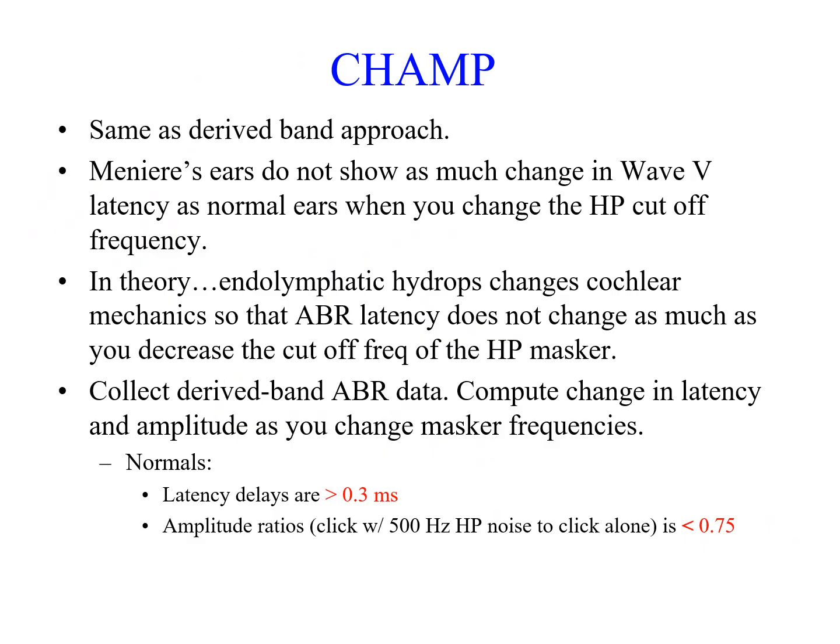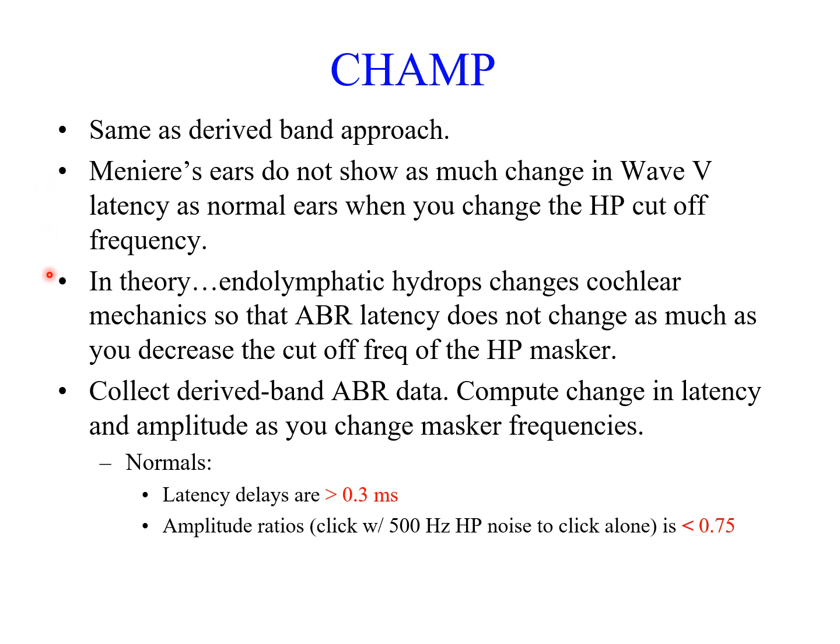CHAMP, cochlear hydrops analysis masking procedure. The CHAMP is based on the philosophy and procedures that are the same as the derived band ABR recordings. The theory and findings are that Meniere's disease does not show as much change in wave 5 latency as normal people will show when you change the high-pass cutoff frequency for the masking noise.